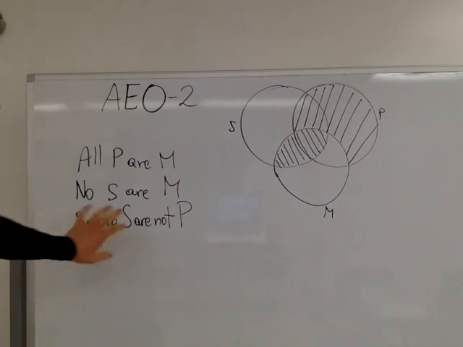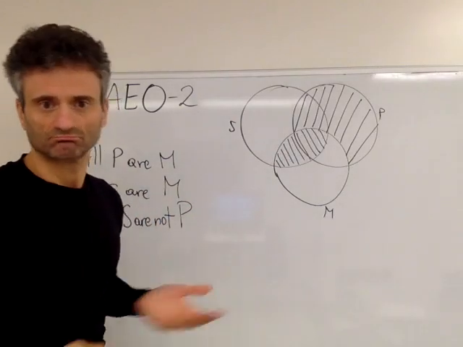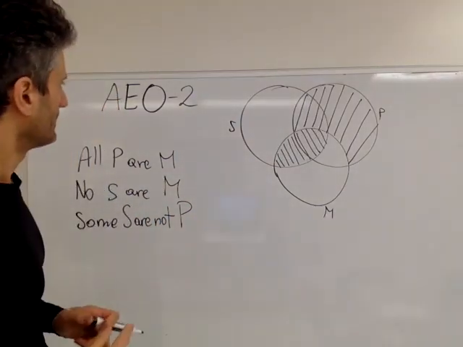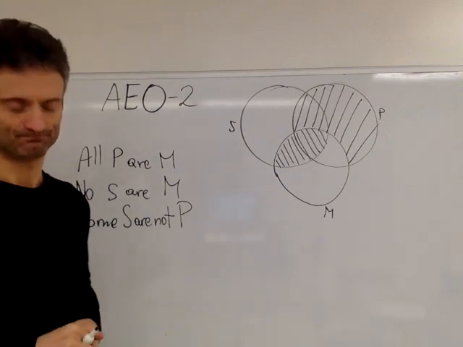Once again, conclusion, some S are not P. Okay. There's no X. Fine. The syllogism is invalid. Okay.